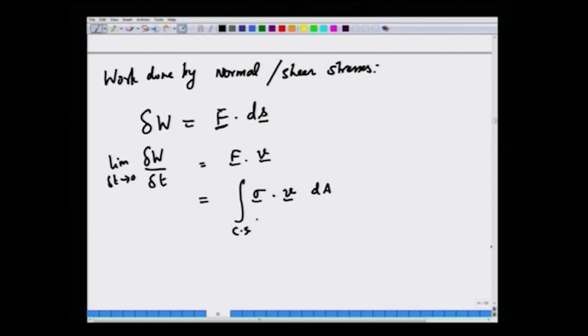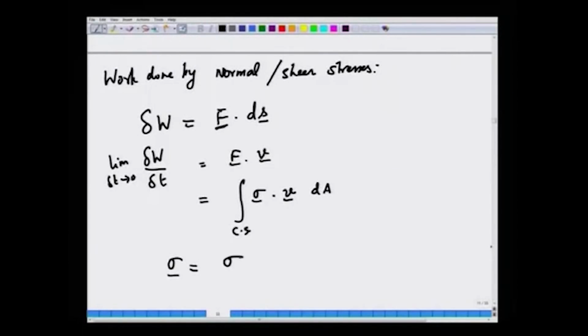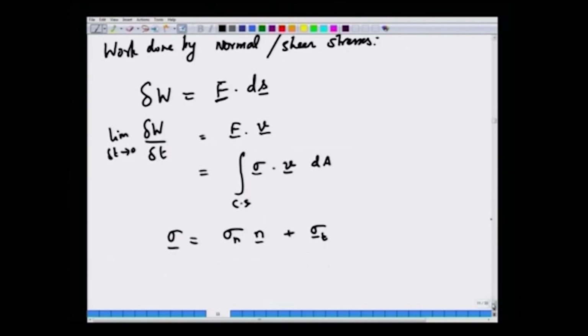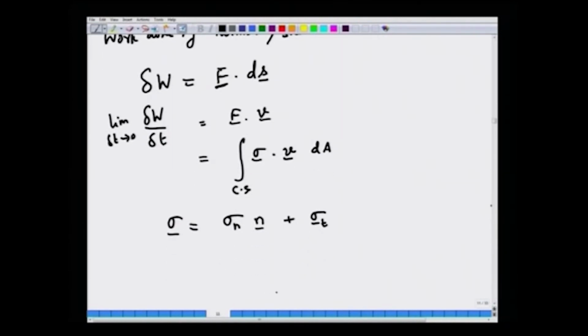So, remember that there is work done only if there is a motion of the element on which stresses are acting in the line of action of the force, as we have been repeating. Okay. Now, sigma is nothing but sigma normal, which is in the direction of the unit normal, plus sigma tangential or shear, which is in the direction perpendicular to the normal. Okay.